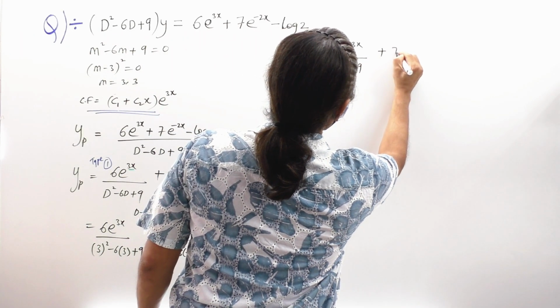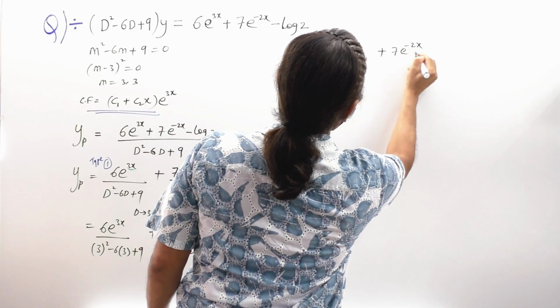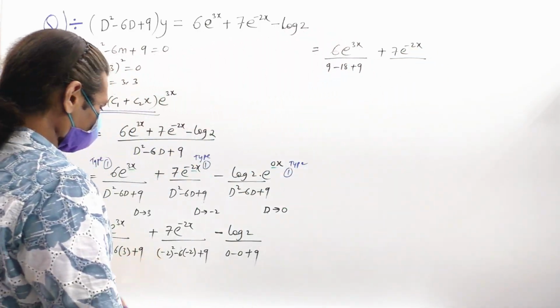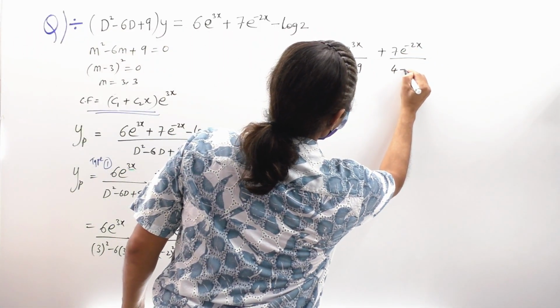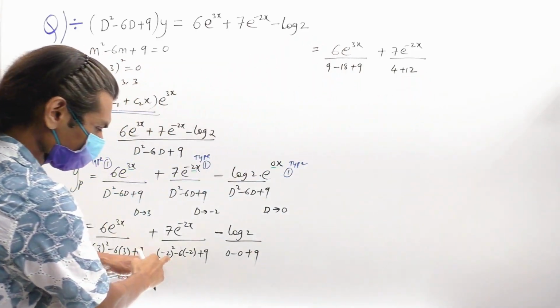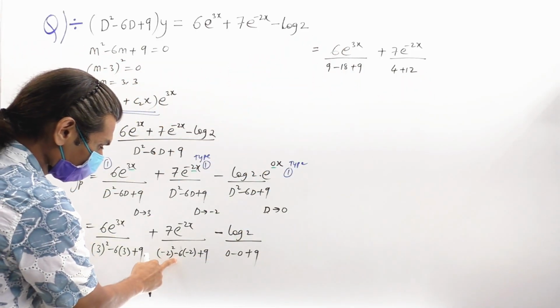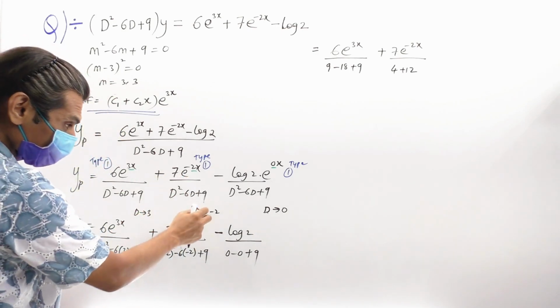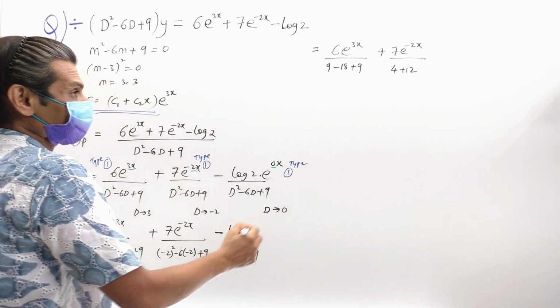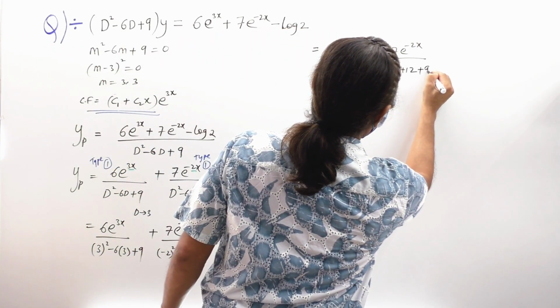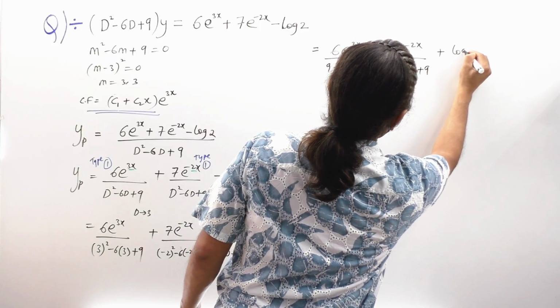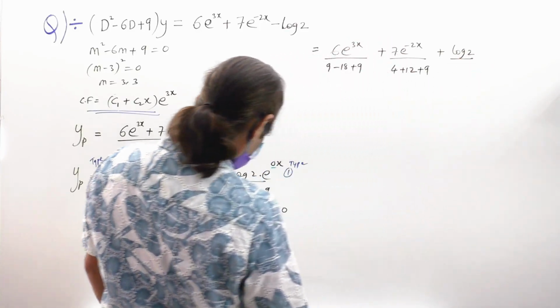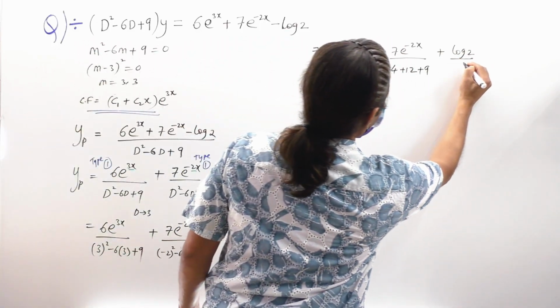And this will be 7e^(-2x) divided by 4 plus 12 plus 9, am I right? Minus 2 squared is plus 4. Minus 6 into minus 2, replace D by minus 2, is plus 12, and plus 9. And lastly plus log of 2 divided by 0 minus 0 plus 9.